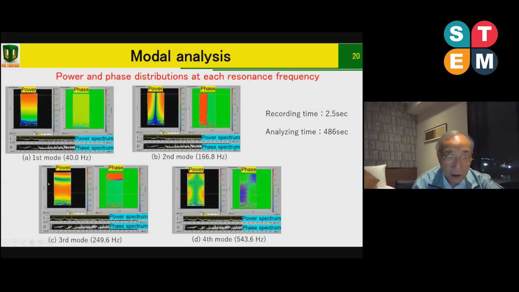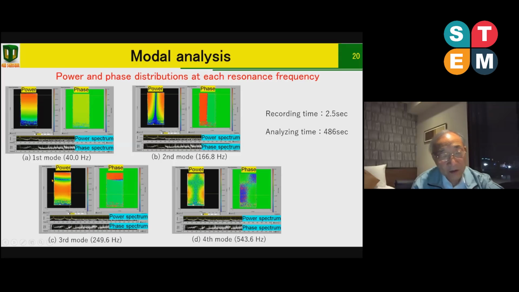The third mode is almost 250 Hertz. In such a case, here is a node. This position is not moved. And here are the moving points.